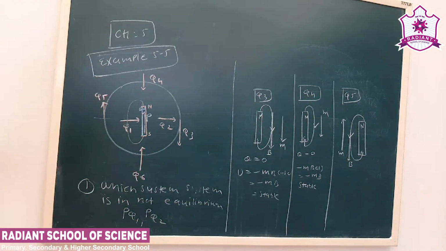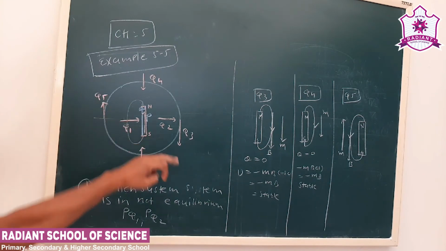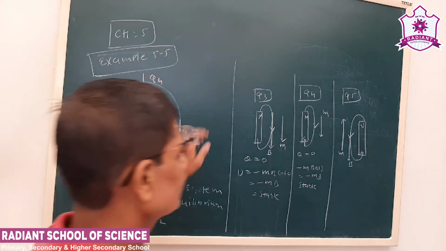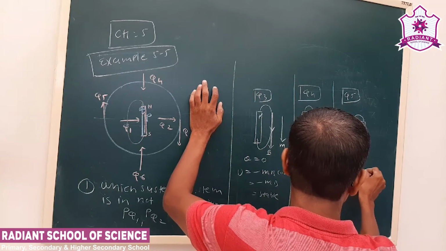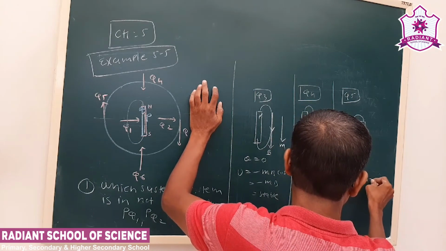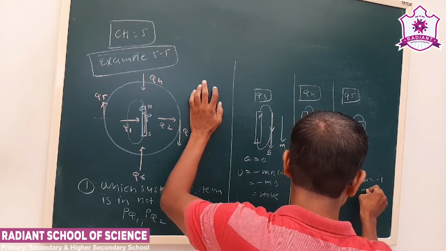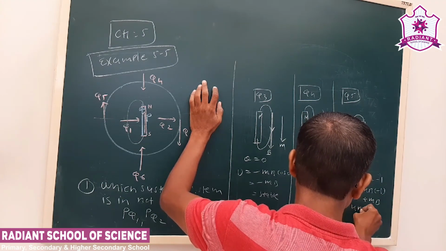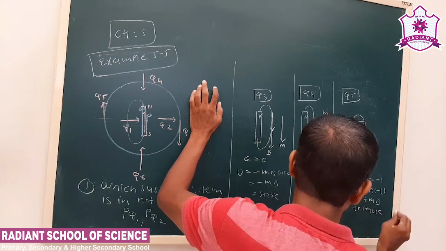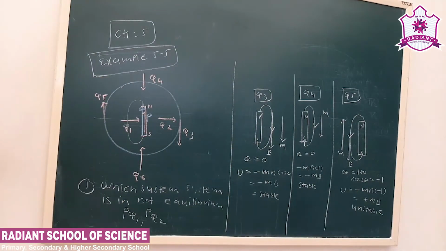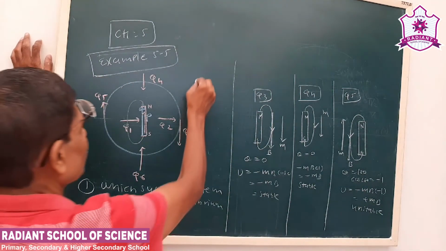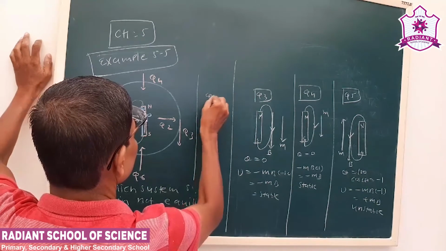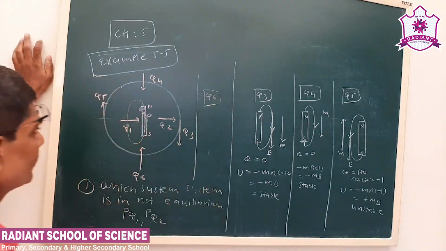Here we can see that M and B are in opposite directions. Theta is 180, cos 180 is -1, U is equal to minus MB into -1. This will be unstable. Now let me calculate for Q6 also.